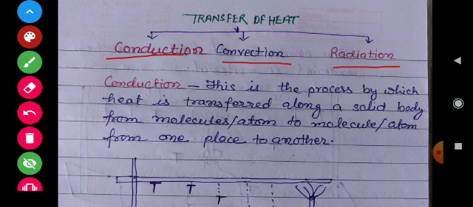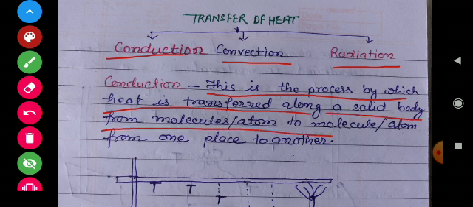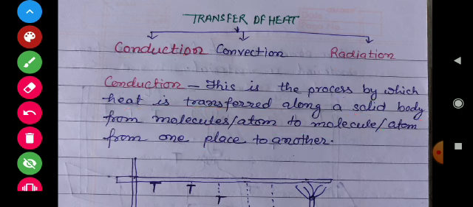This is the process by which heat is transferred along a solid body from molecule to molecule or atom to atom, or from one place to another. The very important thing is that it transfers along a solid body only. It does not transfer through liquid or gas.